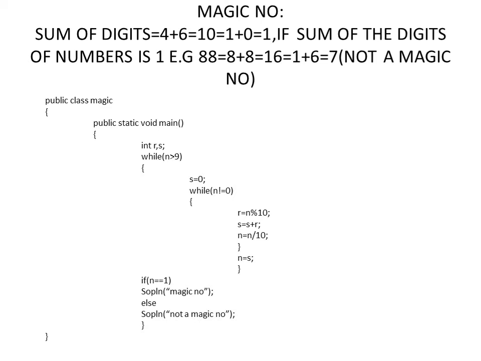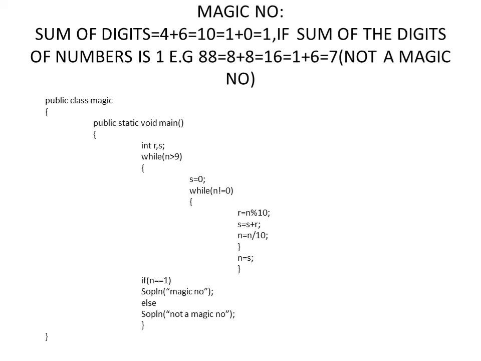Why isn't it a magic number? Because in the end the summation ends up to 7 and not 1. In the end, the last single digit number which is left after the summation should be equal to 1. Then only we will consider it as a magic number.